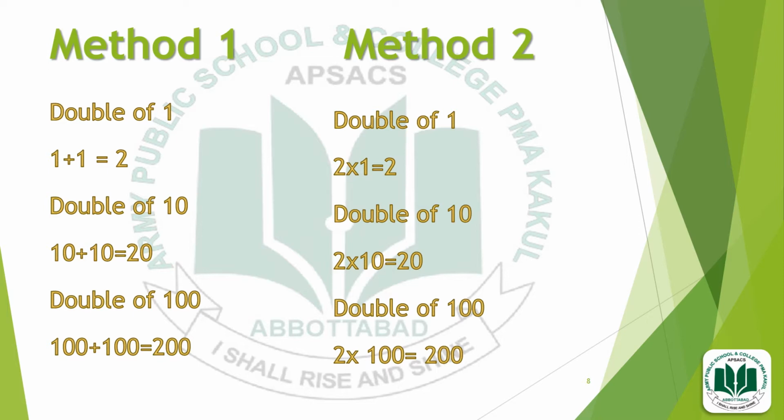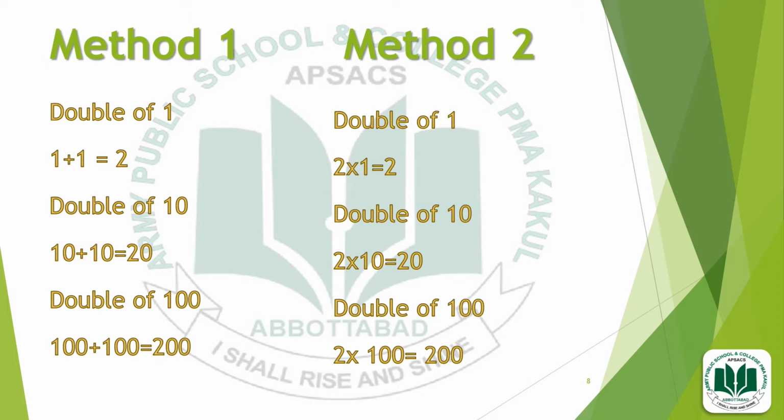We add 10 with itself. 10 plus 10 is equal to 20. 20 is the double of 10. Then the double of 100. We add 100 with itself. 100 plus 100 is equal to 200. It means that the double of 100 is 200.